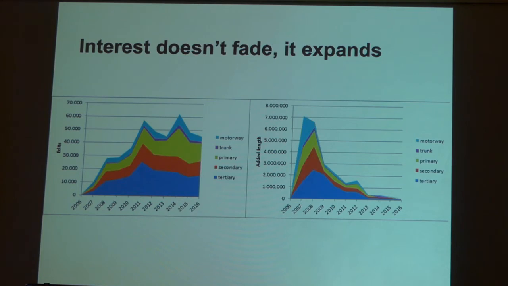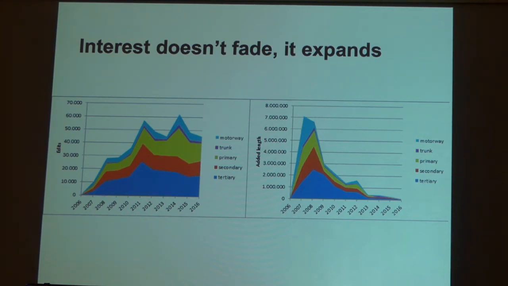Now, as we go mapping more stuff, it's not that we lose interest. There's a lot of people scared of that. So on the right-hand side, you can see the number of kilometers added to the network. And you can see that at the beginning, there was this titanic job. It was really fun, before my days, to add all the new roads. But by 2010, 11, that started to be done.